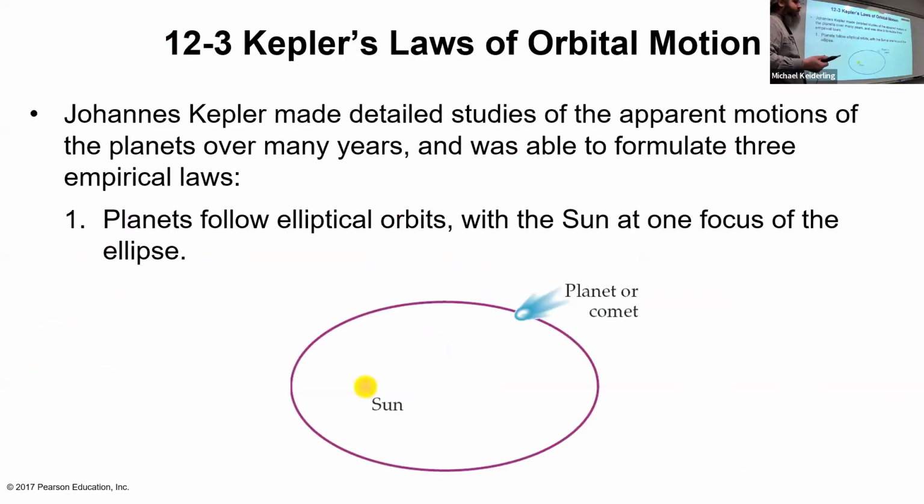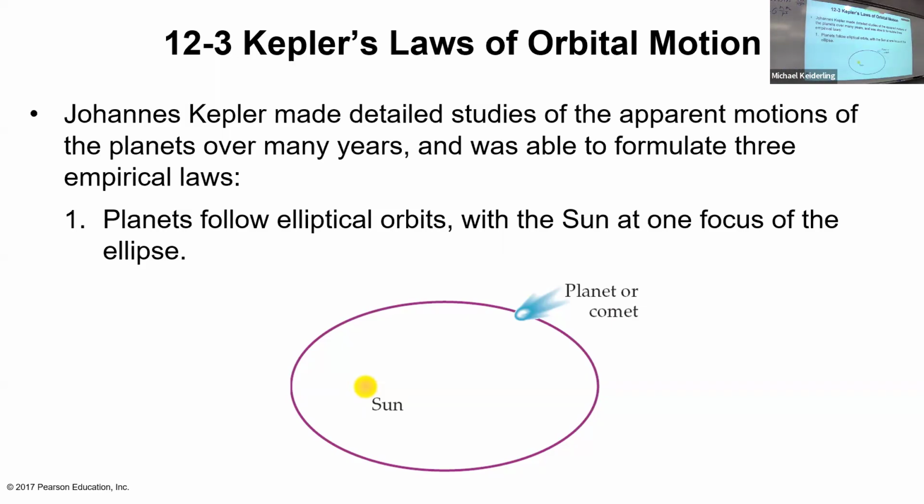Now, you can get a steady state traveling around an object: if you're traveling sideways fast enough, basically you can fall towards the ground and constantly miss. And that leads to an orbit.